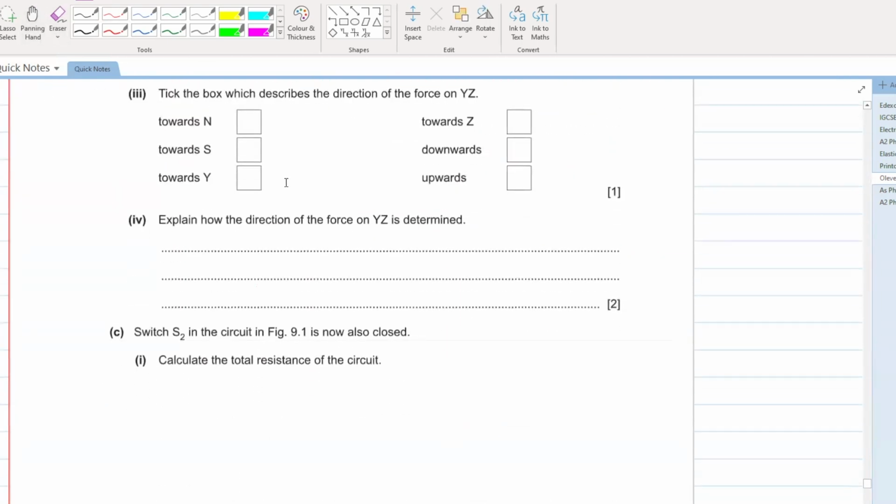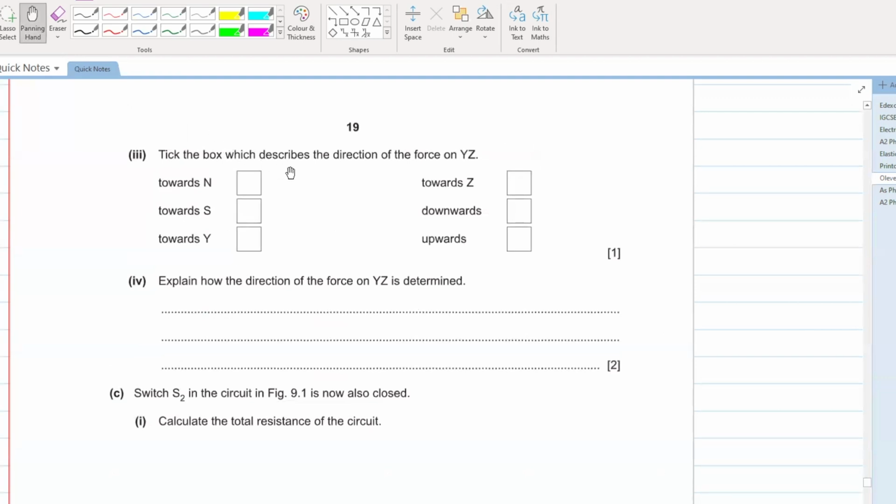अच्छा जी. Take the box below which describes the direction of force on wire YZ. बेटा हमने direction of force निकालनी है. Do you remember whenever we have to calculate direction of force, which law do we apply?